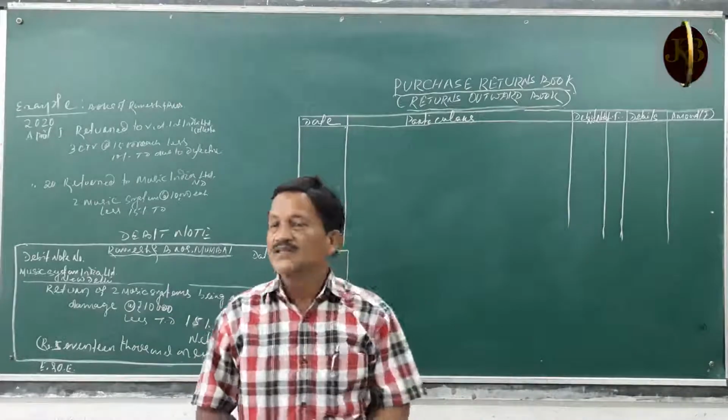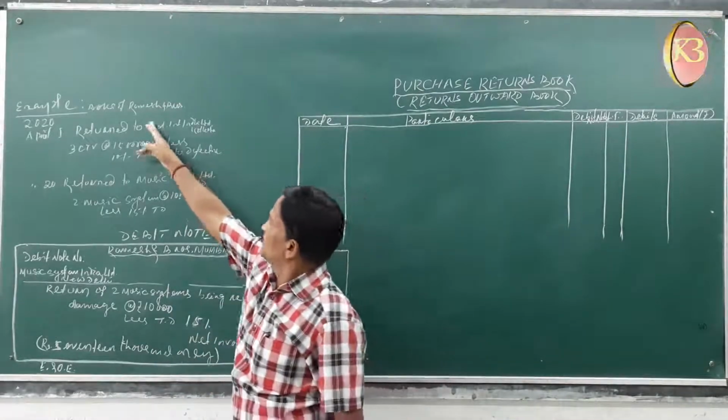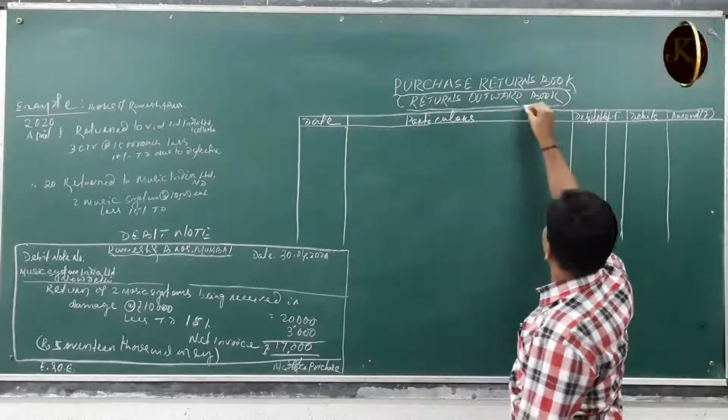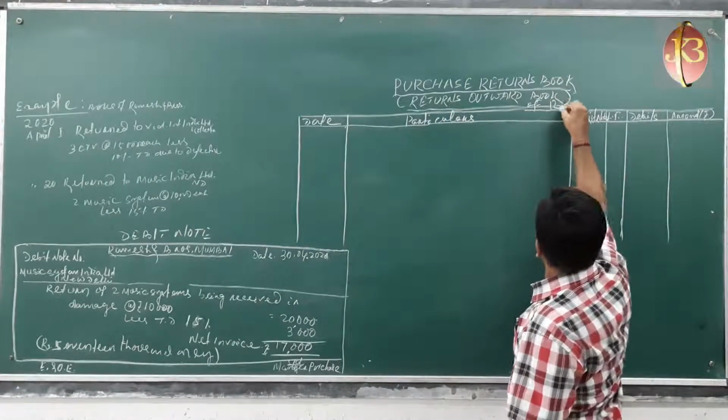Let's see this example. Books of Ramesh and Brothers, Mumbai. That is the purchase return book.